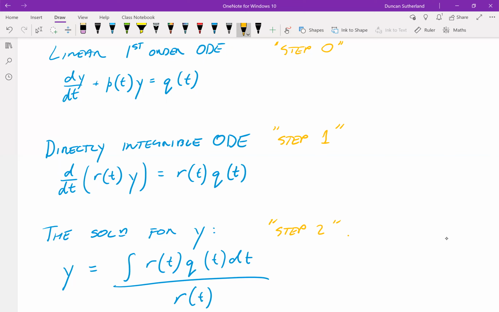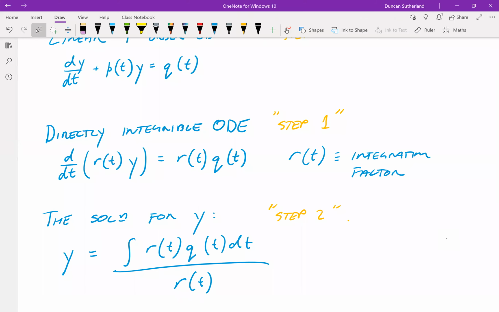Like so, right? We want to be able to go from here with this integrating factor called R, and then we get to a solution like this.